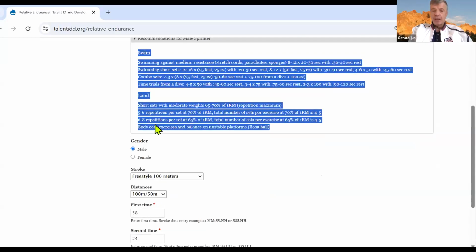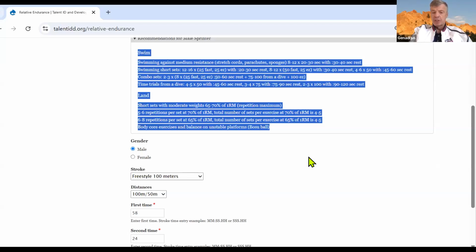On land, the same thing. Swimmers who have too high a ratio between times than necessary should train on land with lower resistances, such as 65 to 70% of one repetition maximum, or maximum in the gym, on land, on strength.